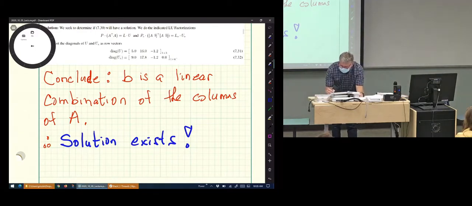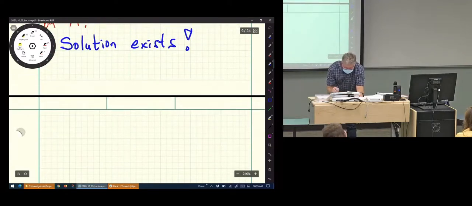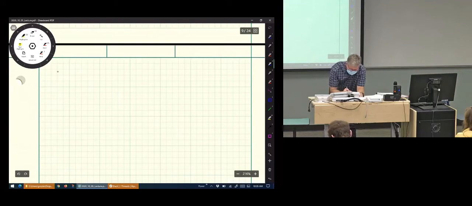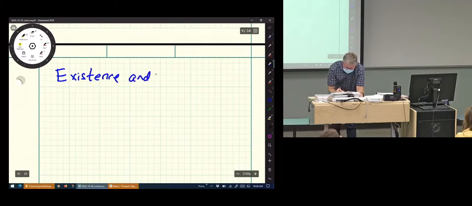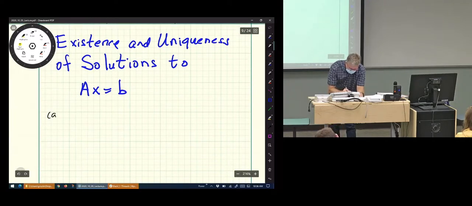Now, let's check for existence and uniqueness. Okay, so if we have AX equals B, here A can be n by m, and then B is n by 1.